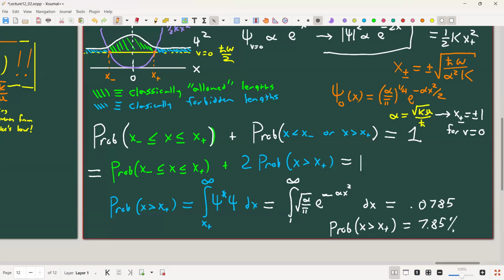That's the chance that when you measure the bond, you're going to find it at some length slightly larger than you would expect classically. So the total probability of finding it outside, in the blue region, is twice that number. So this number right here is 15.7%. It's almost exactly 16%.